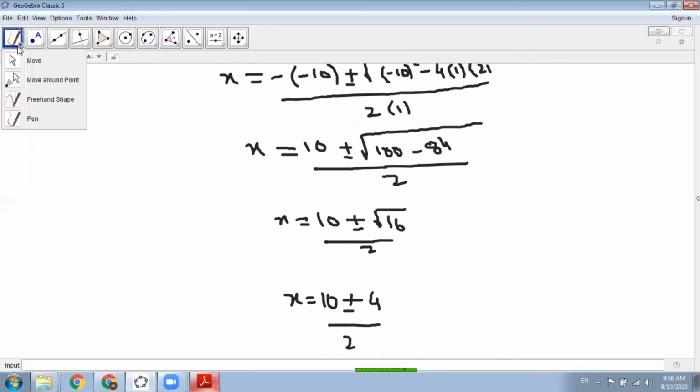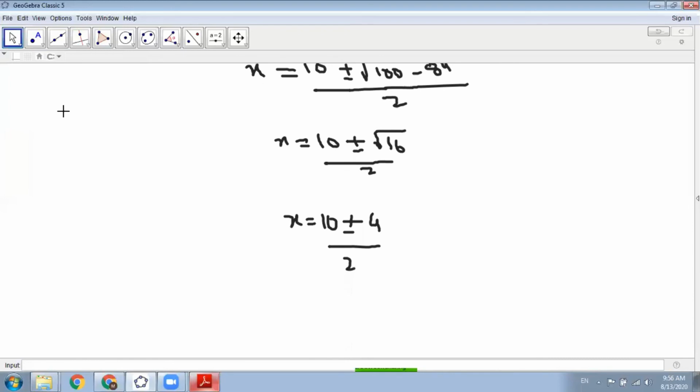Now we break these two terms into two separate equations because we get plus minus. So we can write x equals to 10 plus 4 over 2 and x equals to 10 minus 4 over 2.